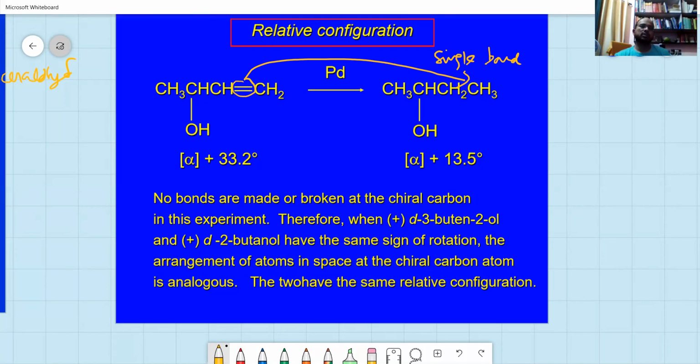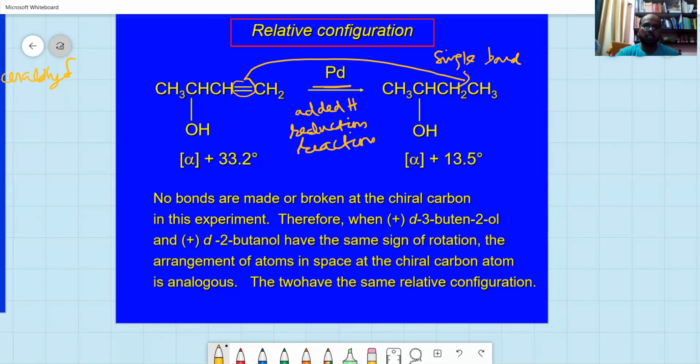That means you have added hydrogen, so it is a reduction reaction. So palladium is used for reduction reaction, in which you have converted CH3, CH, CH double bond CH2 to this.